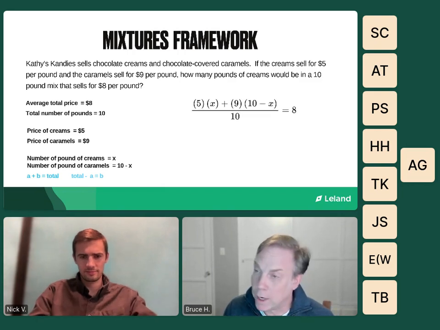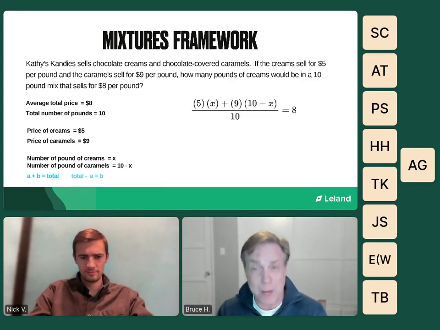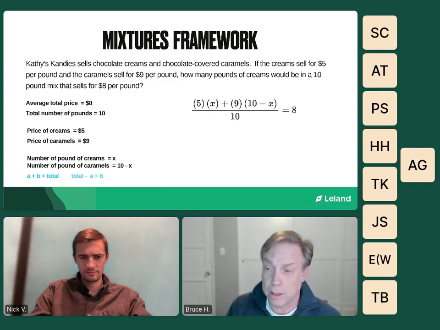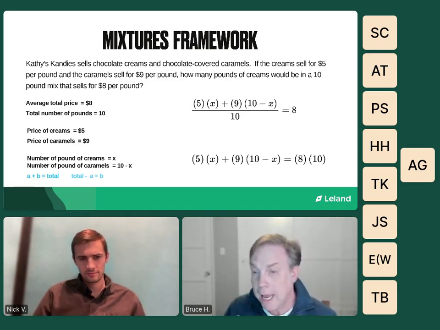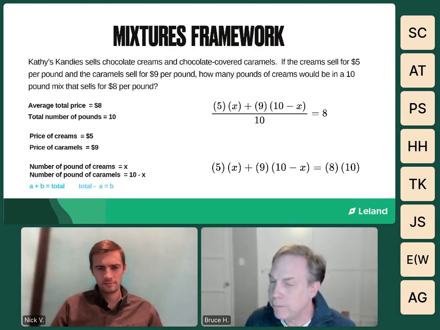And you know what? We can plug that right into that weighted average formula that we all know and love. And it looks just like this. You can go ahead and solve that, right? You multiply everything through by 10. And if you do that, something very interesting and very useful happens.